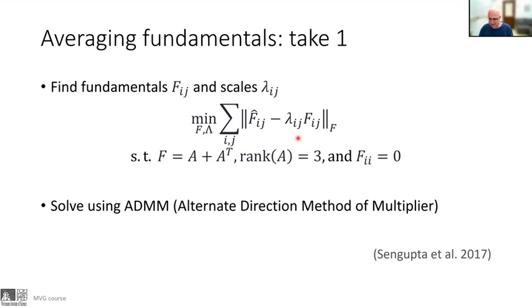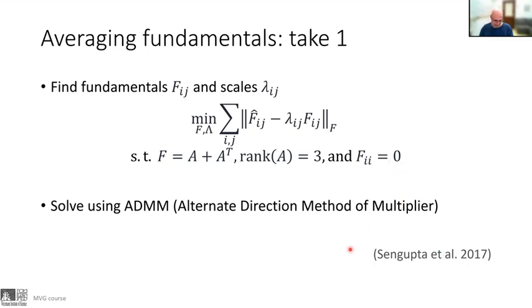So you can see here just the formulation. Given your fundamental matrices Fij, you want to find a consistent set of Fij up to scale lambda ij. So the minimization is over Fij and lambda ij, such that F decomposes to A plus A transpose, the rank of A is 3, and Fii is 0.